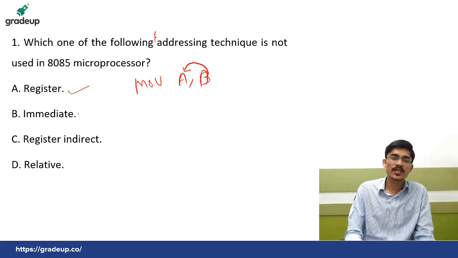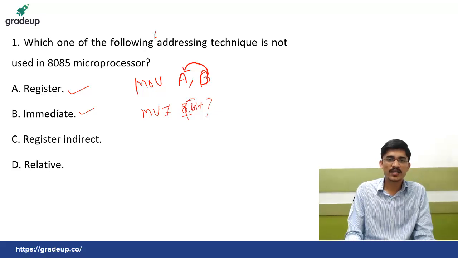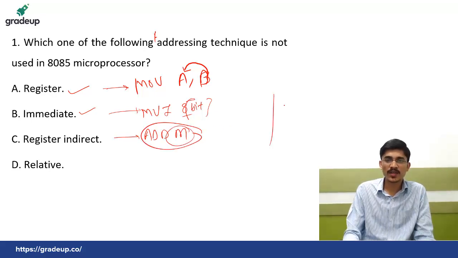So this is register addressing mode. In today's lecture we have said immediate addressing mode, like MVI with immediate 8-bit data. This is the 8-bit immediate addressing mode, and that was the register addressing mode. Then there is register indirect, like ADD M. This is the contents of the memory, but they are added indirectly by using M. So this is register indirect.